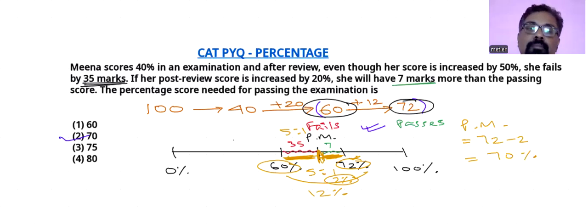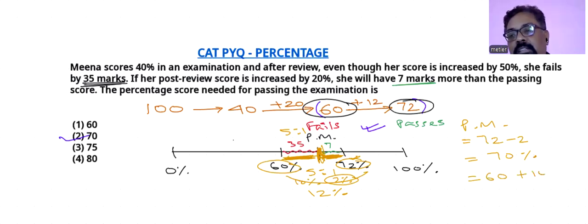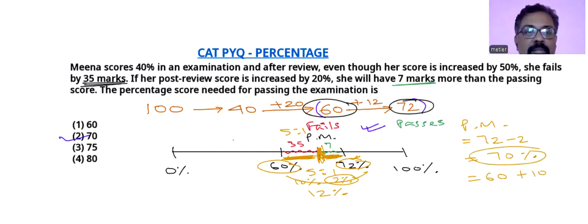If we go from 60, this gap up to the pass marks will be 5/6 of 12, that is 10%. It will be 60 plus 10, 70%. So from any angle, you can get 70%.